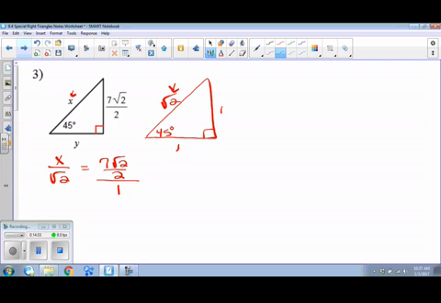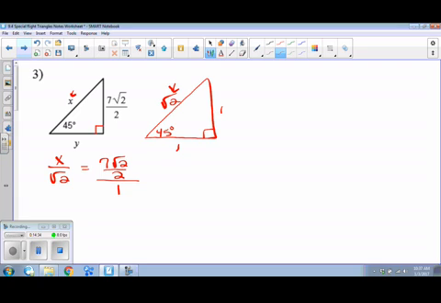It's going to seem complicated at first, but when you start cross-multiplying, you have 7 square root of 2 over 2 times the square root of 2 equals x. If you're comfortable calculating that, fine. But this is something you can do so that when you set up your proportions, none of these are fractions. It's easier if none of your sides are fractions.